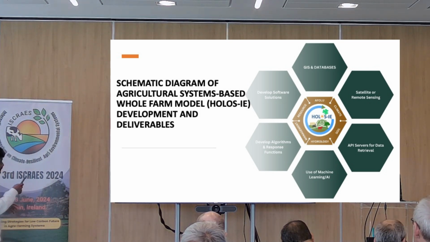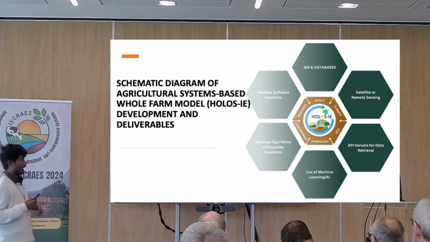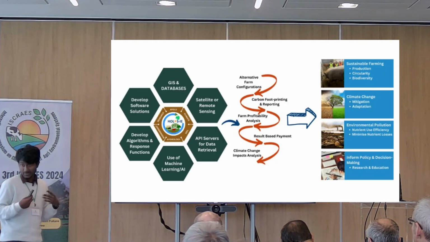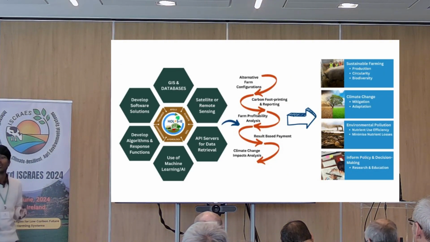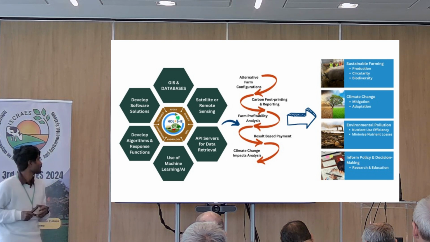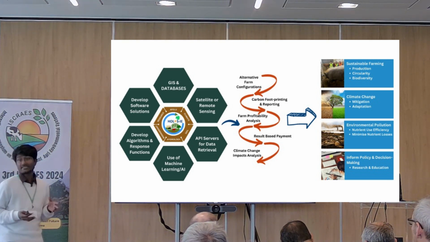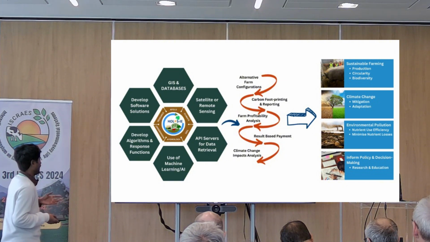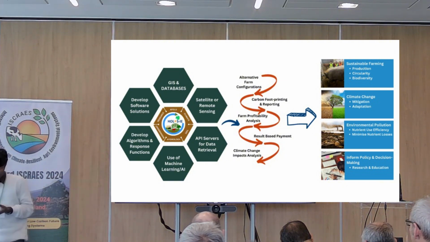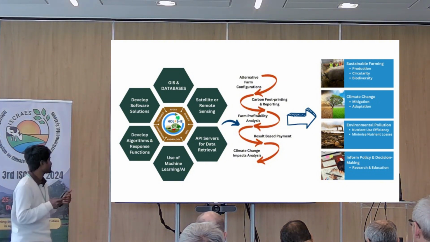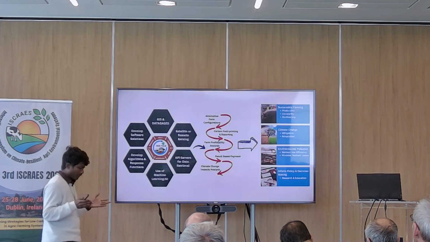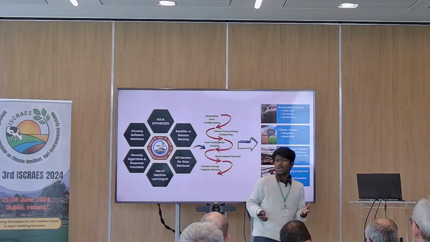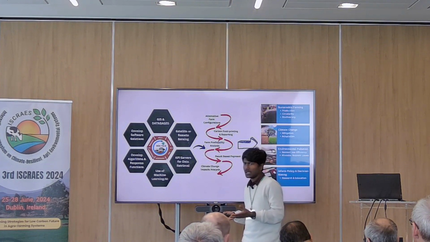We have some groundbreaking items here as well, like GIS maps and a database that we have collected from the Irish perspective. We also have satellite data for climate change, and we are developing a software solution, HOLOS-IE. We also developed some of the algorithms that my teammates have already shown here.